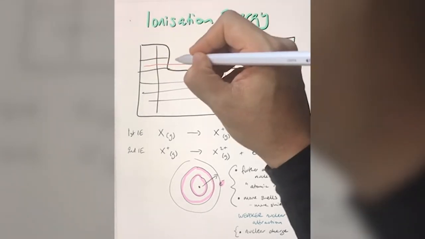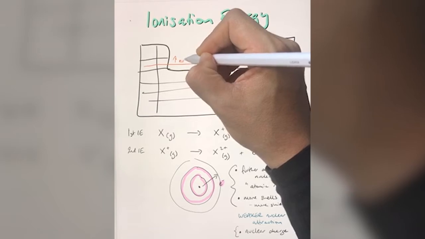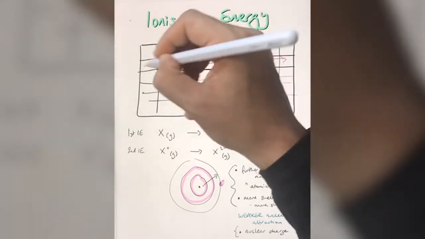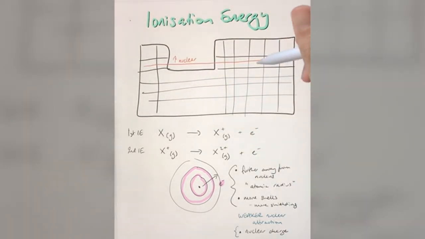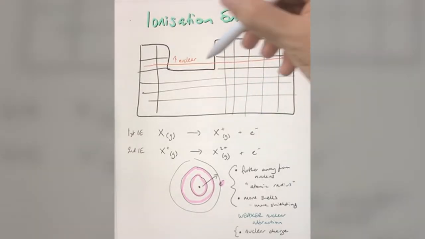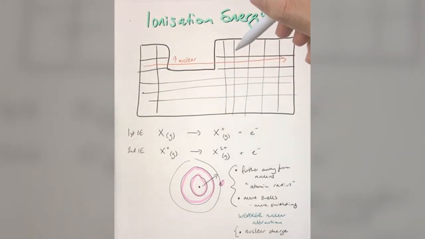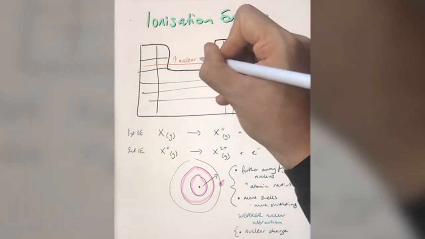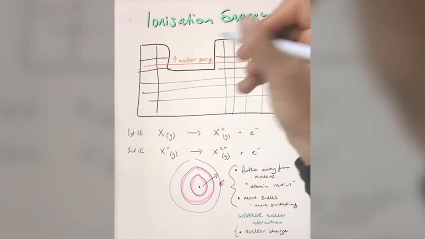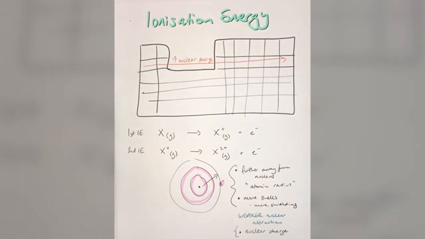However, there's an increased nuclear charge, because as you go along there's one more proton in the nucleus. That means a stronger attraction, and so an increased ionization energy.